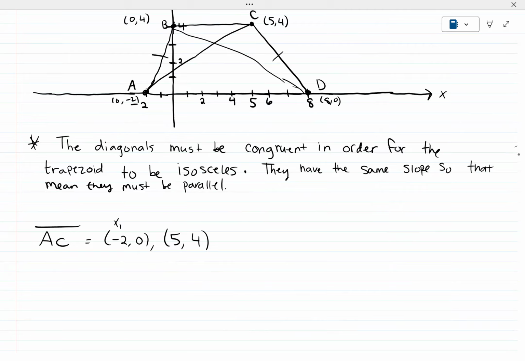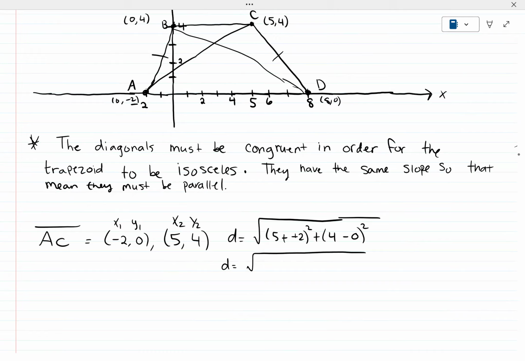This is x1, y1, and this is x2, y2. So the distance is the square root of x2, which is 5, minus x1, which is minus 2, squared, plus y2, which is 4, minus y1, which is 0, squared.